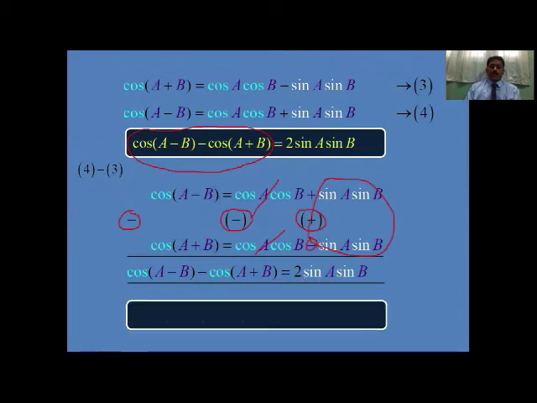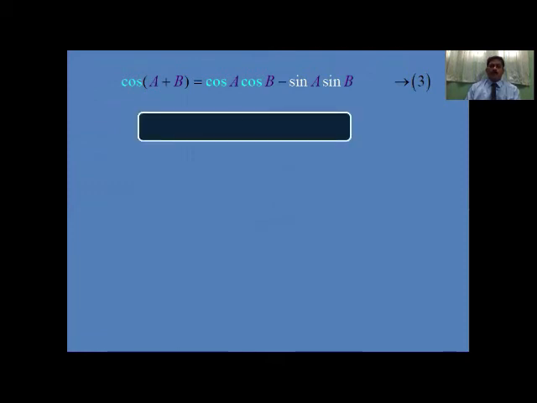Formula: cos(A−B) − cos(A+B) = 2 sin A sin B. Using the third formula, that is cos(A+B) = cos A cos B − sin A sin B, we are going to derive the multiple angle formulas. That is cos 2A = cos²A − sin²A. If you observe your left hand side, here it is 2A. So to get the 2A, we are going to replace B equal to A in equation 3.